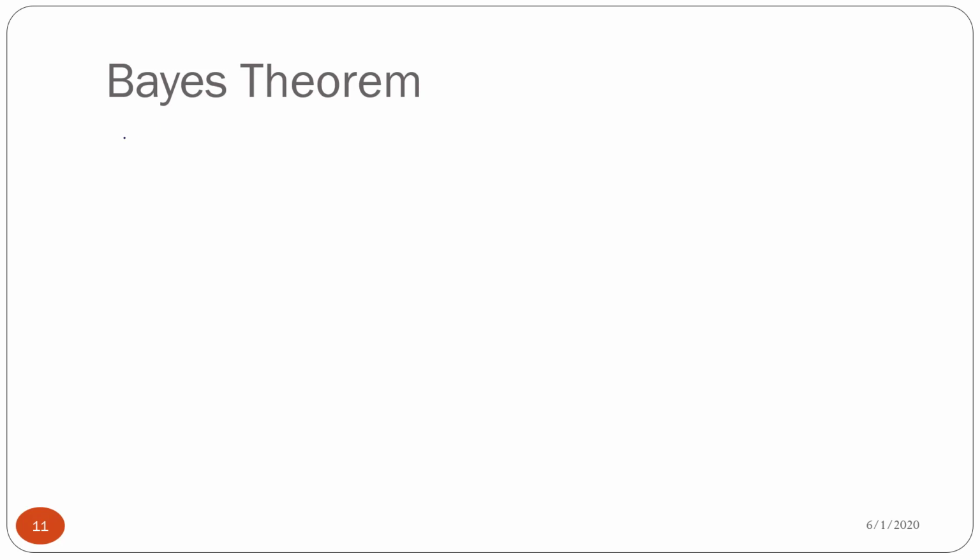Before that, let me tell you how to write the probability of two events A intersection B. The probability of A intersection B is written as probability of A multiplied by probability of B, conditional probability of B given A.